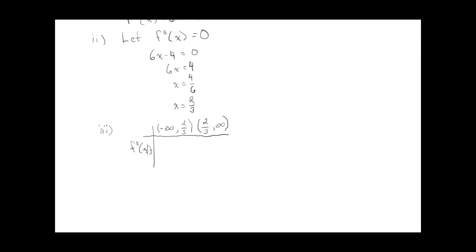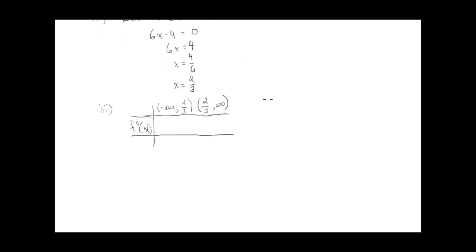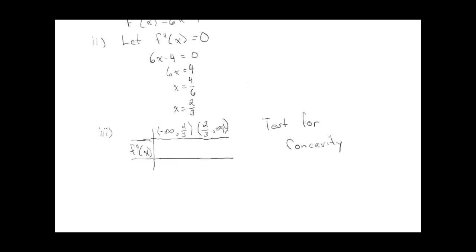Notice this is a lot like the first derivative test, where we were figuring out where the function's increasing or decreasing, but we're doing it on the second derivative. Sometimes we'll call this the test for concavity. So now you just want to figure out if the second derivative is positive or negative in these intervals. You would take a number between minus infinity and 2/3.